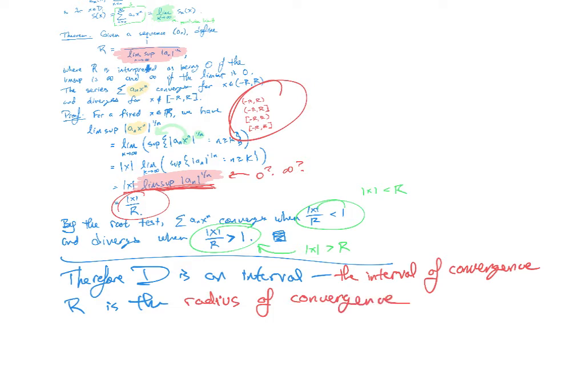Now, if you've taken complex analysis, you'll know that when you study these on the complex plane, that interval of convergence turns into a circle, and the radius of convergence is literally the radius of the circle. Okay, so that's where the term radius really comes from, but we can justify it here as being the radius of the interval.